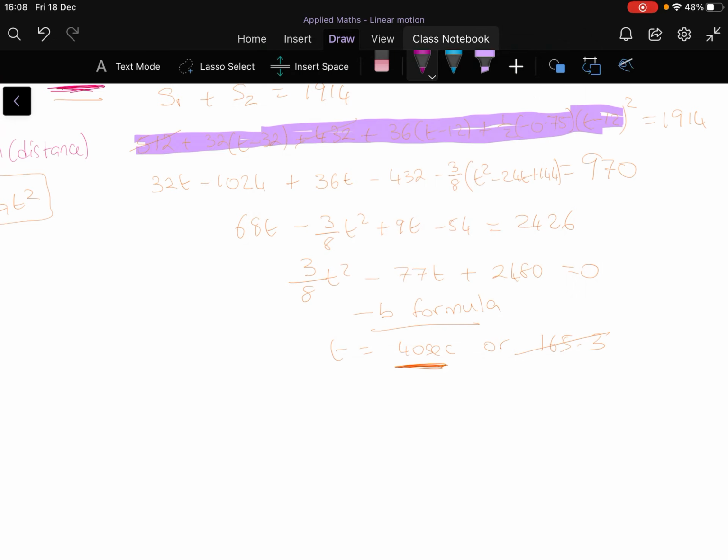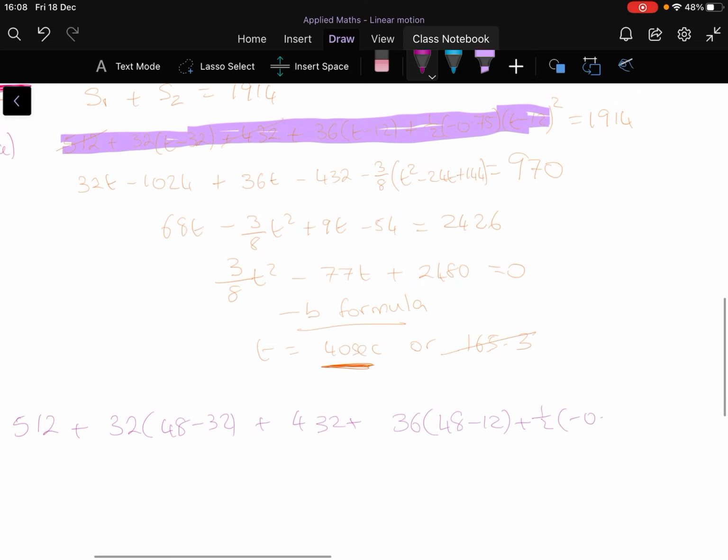And when I sub that in, I am getting 512 plus 32 times 48 minus 32 plus 432 plus 36 times 48 minus 12 plus a half times minus 0.75 times 48 minus 12, and then that's squared.